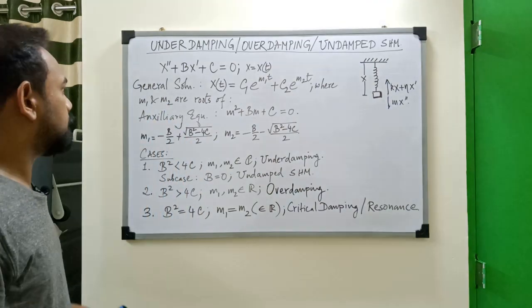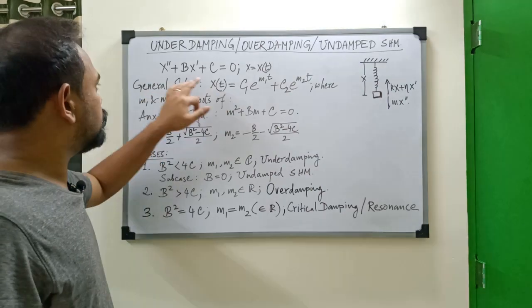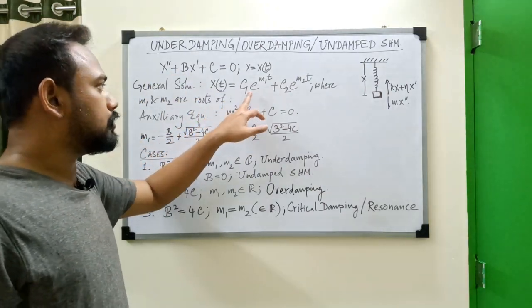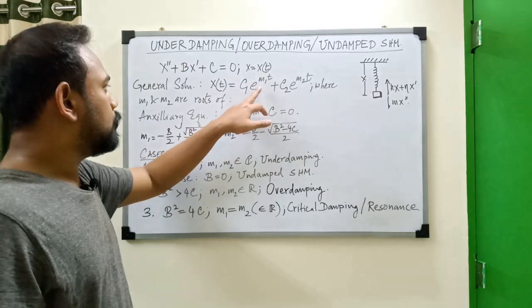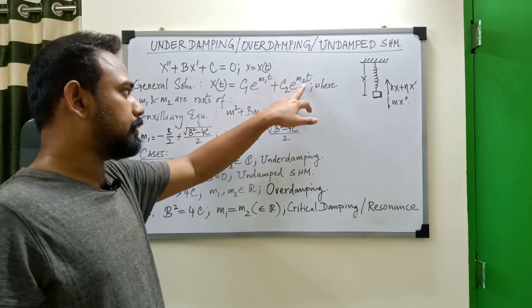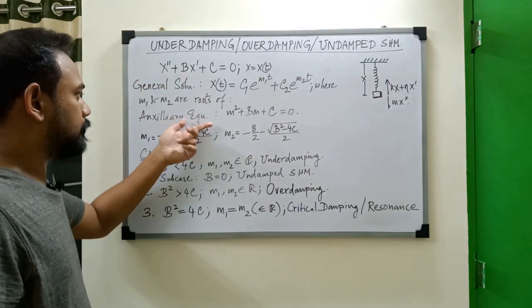So this is what we had figured out in the previous videos: the general solution for an equation of this kind will be C1, some constant, times the first solution, e to the power m1t, and another constant times e to the power m2t, where m1 and m2 are roots of the auxiliary equation for this differential equation.